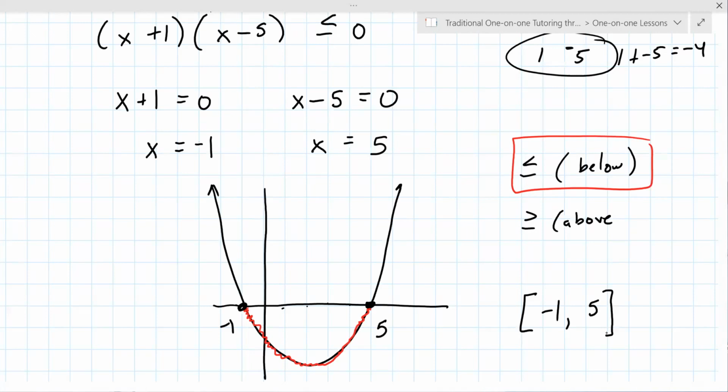Let me know when you get all this down. Can you scroll up? Sure.